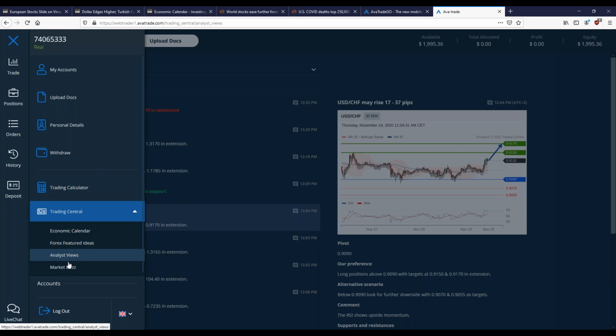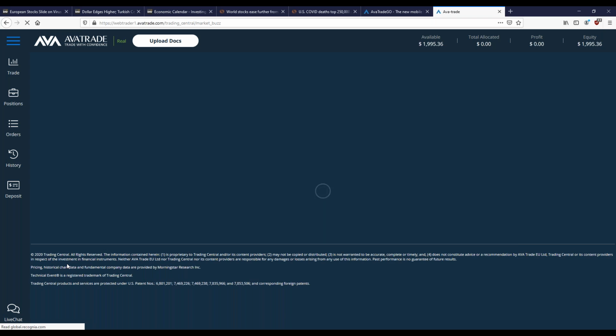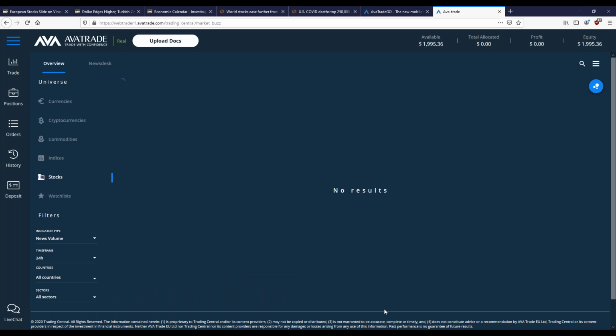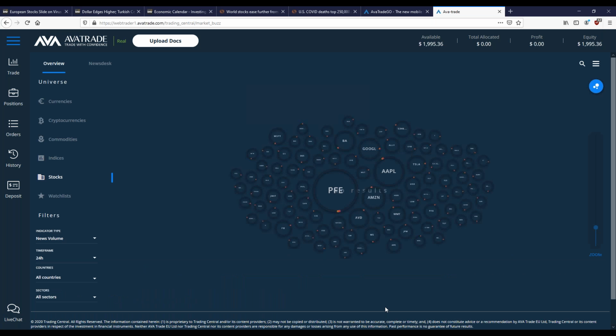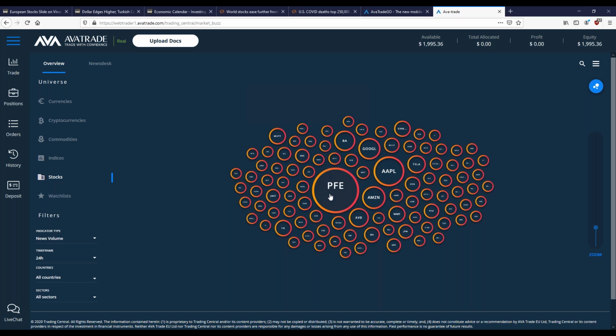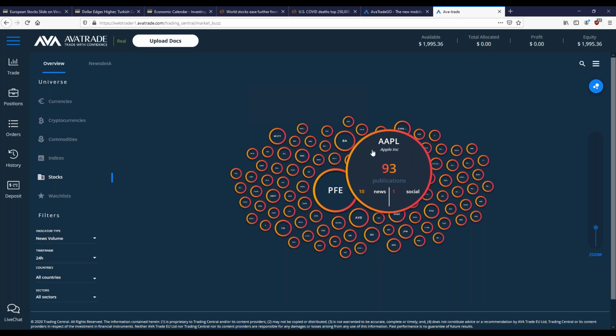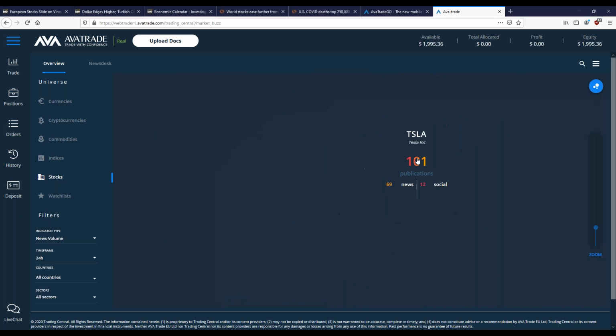We could also look at Market Buzz, which gives you the fundamental news. It'll pop up with a pictogram showing you what's trending the most. Still Pfizer, Apple, Amazon, Google are trending the most with the most stories. If you want to see what's going on with Tesla, well, let's take a look. Click on it.